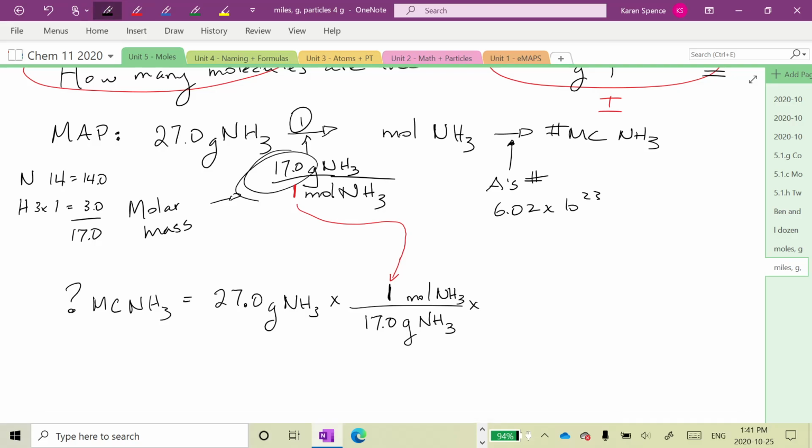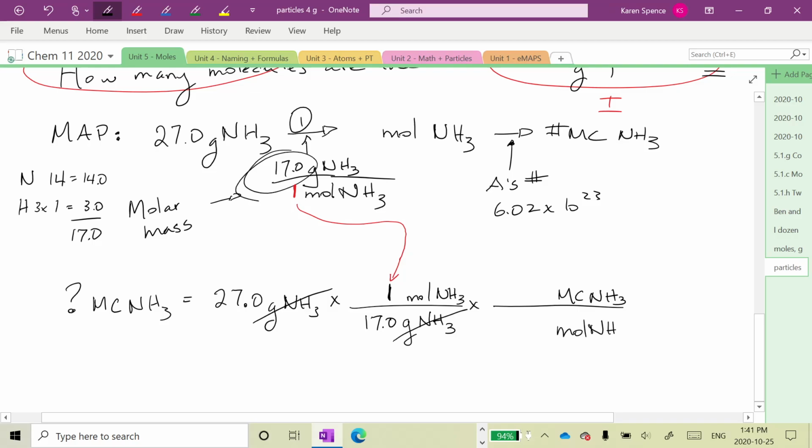And we're going to then convert that. We now have gotten rid of our grams, and we want to convert that into molecules of NH3, and we are wanting to cancel out our moles of NH3. And we're going to use converting between moles and particles. We use 6.02 times 10 to the 23. So that's going to be 6.02 times 10 to the 23 molecules per 1 mole.